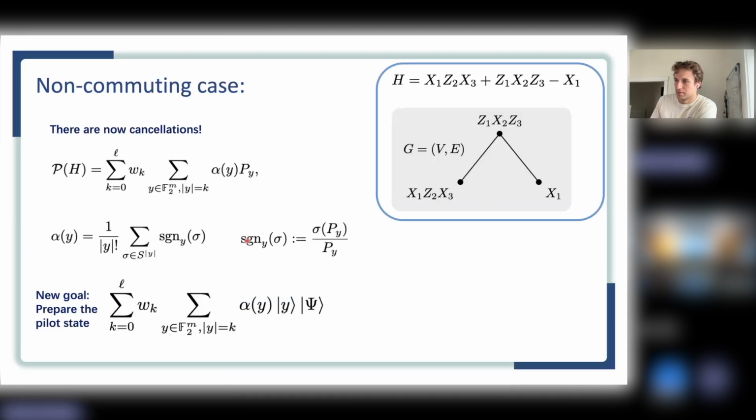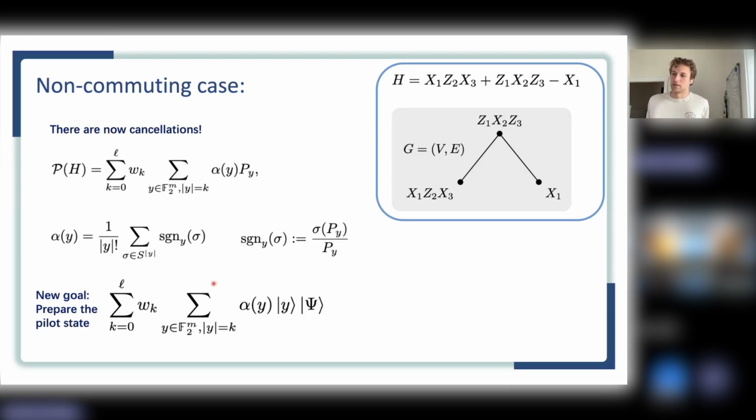In particular, you have to replace the pilot state with one that is now not just a weighted sum of Dicke states. Now there are varying amplitudes even within the Dicke state. Each y has now its own amplitude, which is exactly this average sign that you get from permuting the Paulis in the bit string y.